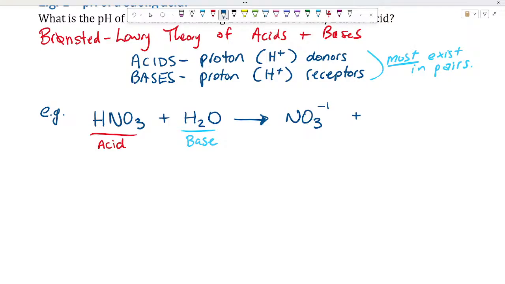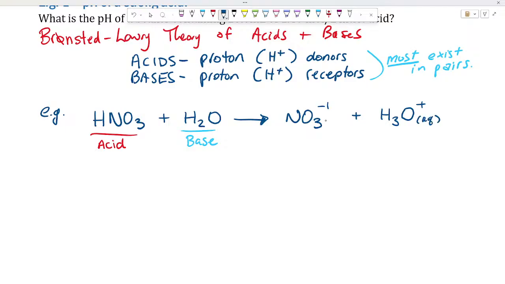But the truth is it's not just dissolved in water. It actually is going to stick to the water, because the water we know is polar, and it has a slightly negative side. And so the plus is going to stick to that. So what will you end up with? H2O is going to become H2OH, you could say, if you wanted, but nobody does. We just say H3O plus.